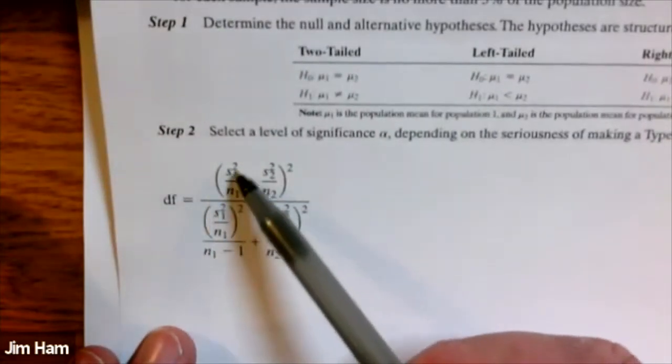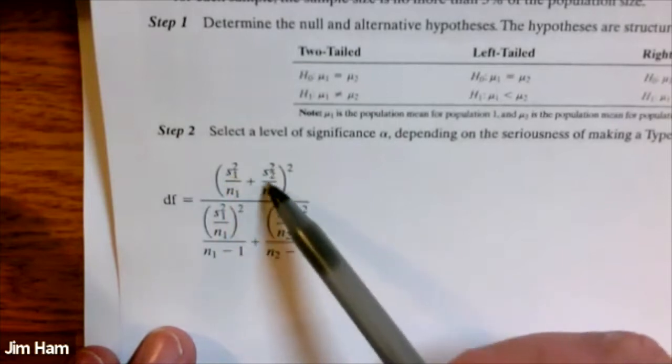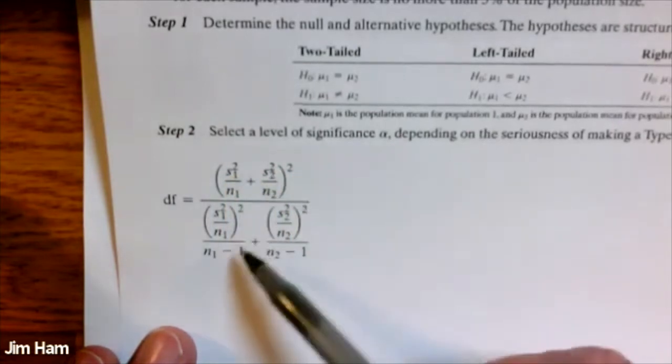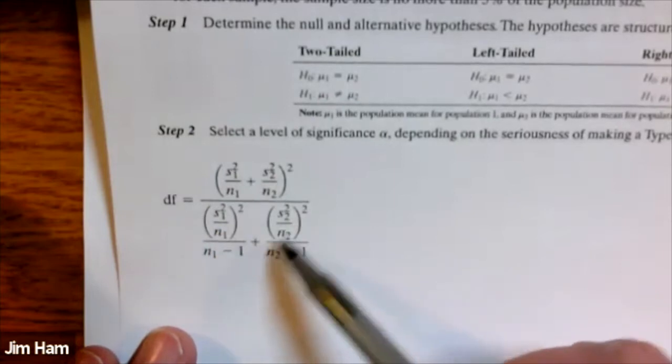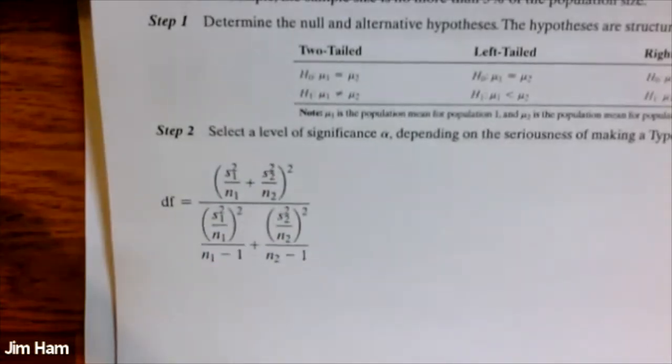It involves variances divided by sample sizes of the two groups. You're adding them together, squaring it, and then you've got this very complicated fraction. It only uses the standard deviations and the sample sizes to calculate the degrees of freedom, but the formula is just very messy. Seems like a lot of work just to do the classical approach.